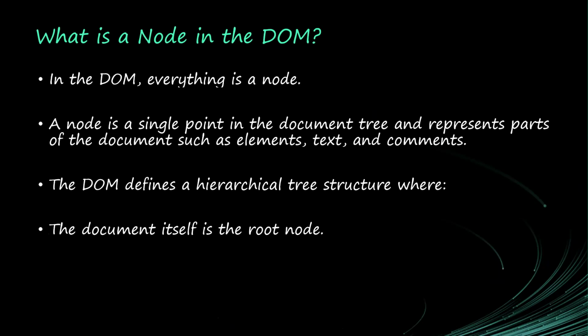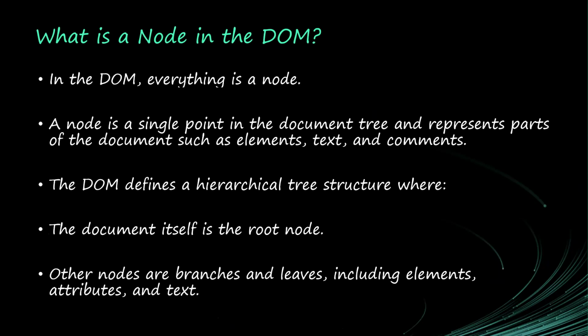The document that is the root node is the HTML page itself. So the document is the root node. Other nodes are branches and leaves, including elements, attributes, and text.